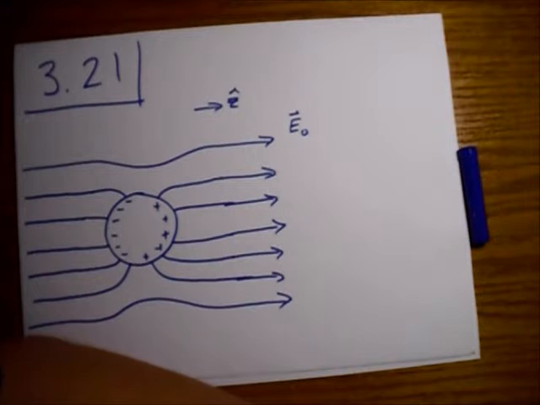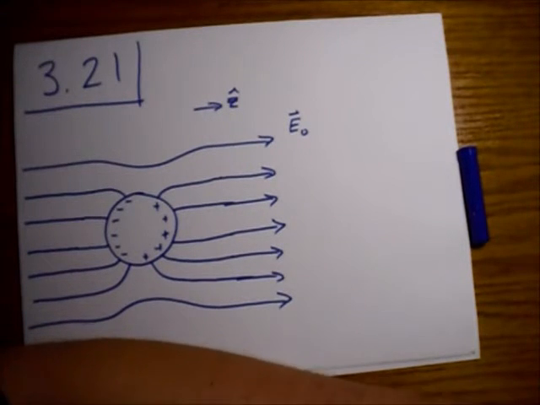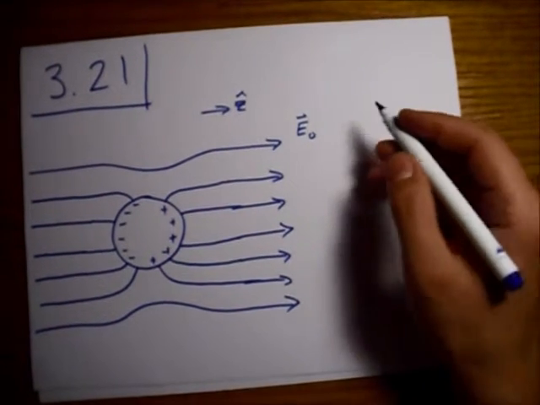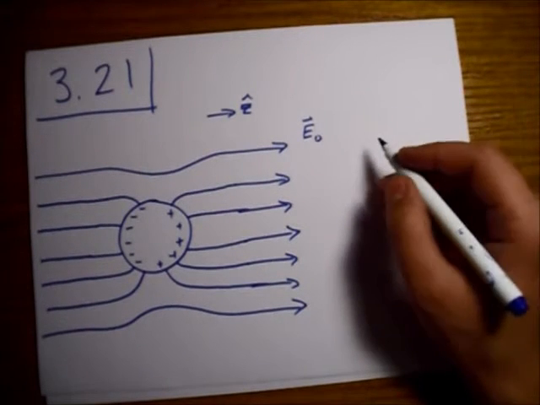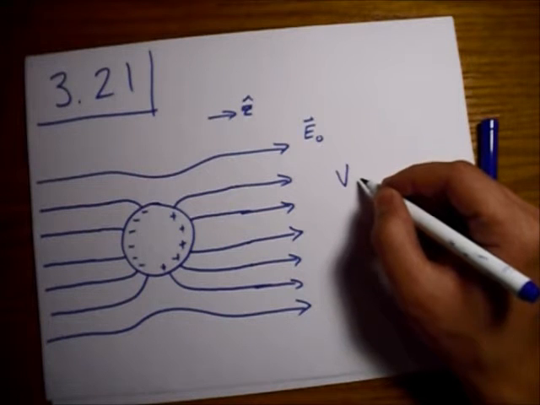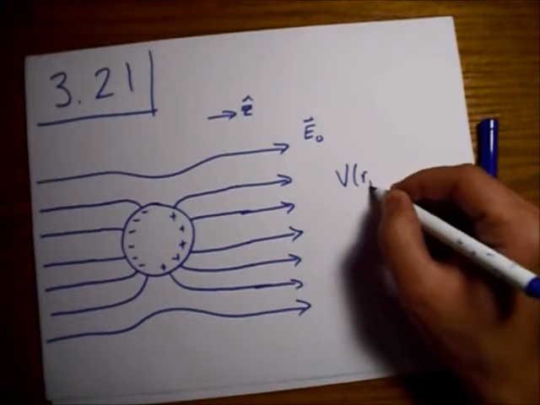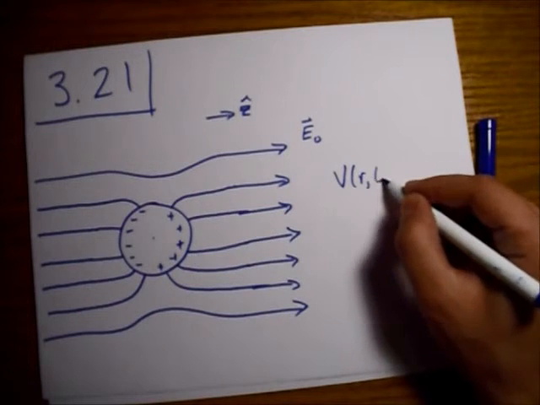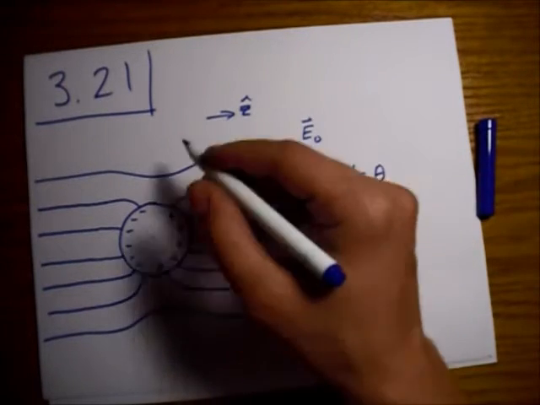So the answer, by which we mean the solution for the potential outside of this conducting sphere, is given by equation 3.76, as a function of r, the distance from this center point right here, and theta.